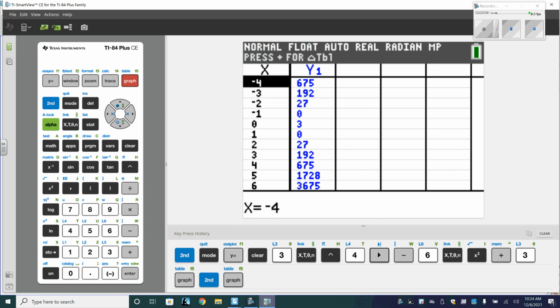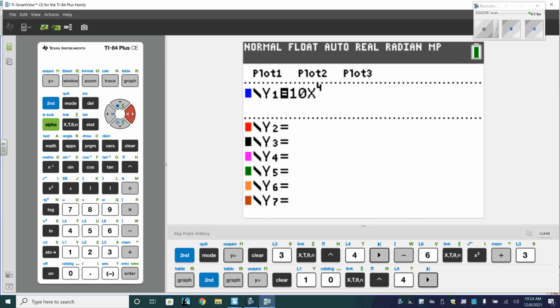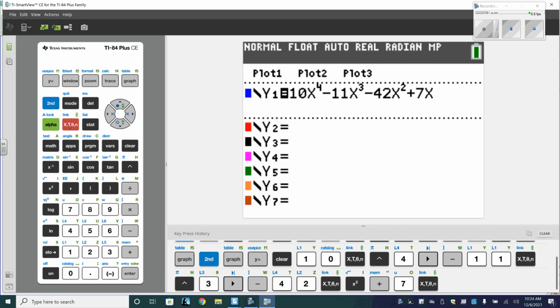Because it could be that on the first try we get the correct answer, but we could also not. So we can do 10x to the 4th minus 11x to the 3rd minus 42x squared plus 7x plus 12.